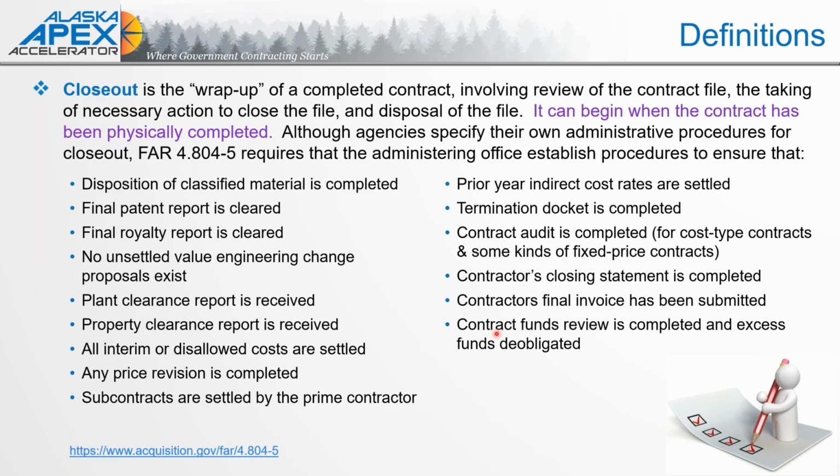The one thing I want to point out when it comes to these final invoices and contract fund review, this is something that should also be done at the end of those option years, not necessarily at the end of the completion of the entirety of a contract. So if you have a multiple year contract, you should be taking a check and asking, what does this option year look like, especially when it comes to any change orders or REAs, those requests for equitable adjustments, funding, subcontractor payments.